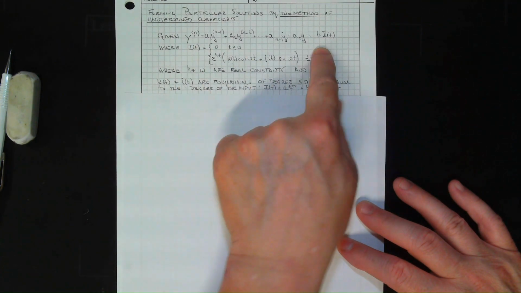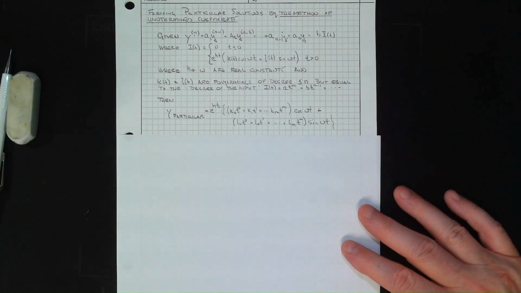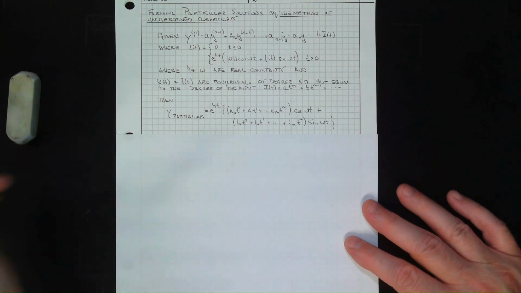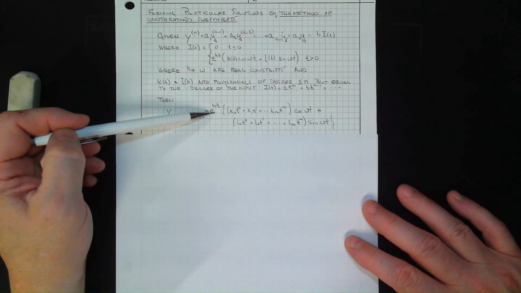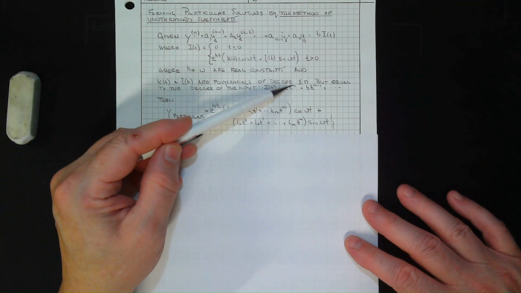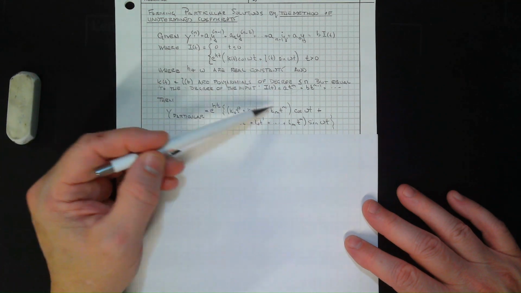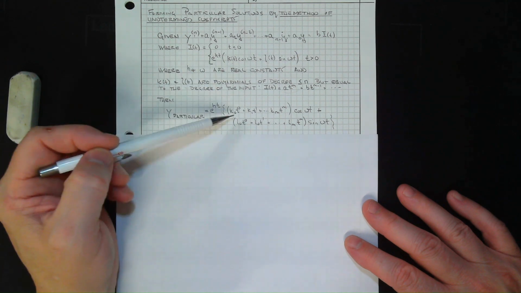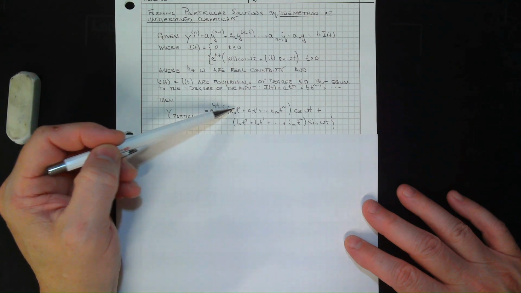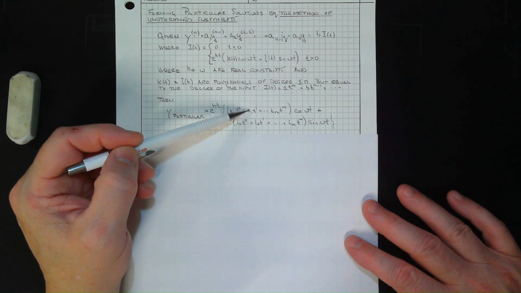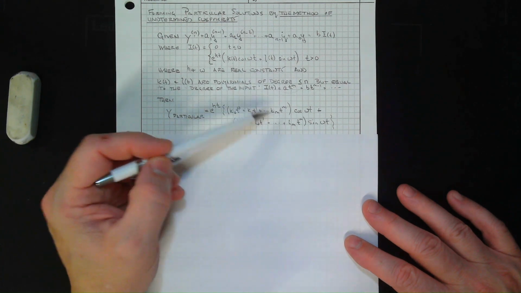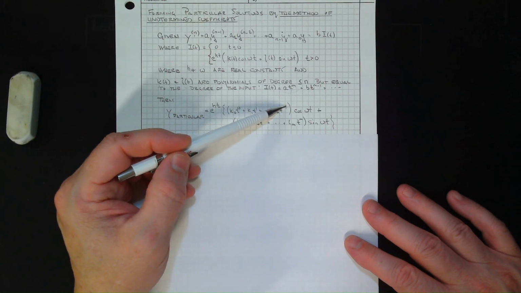Given that, based on our input fitting this model, the particular solution can be written as follows. Our e to the ht just comes down. Here are our polynomials: K of t is k0 t to the 0, so k0 by itself, plus k1 t, and so on, all the way up to km t to the m.